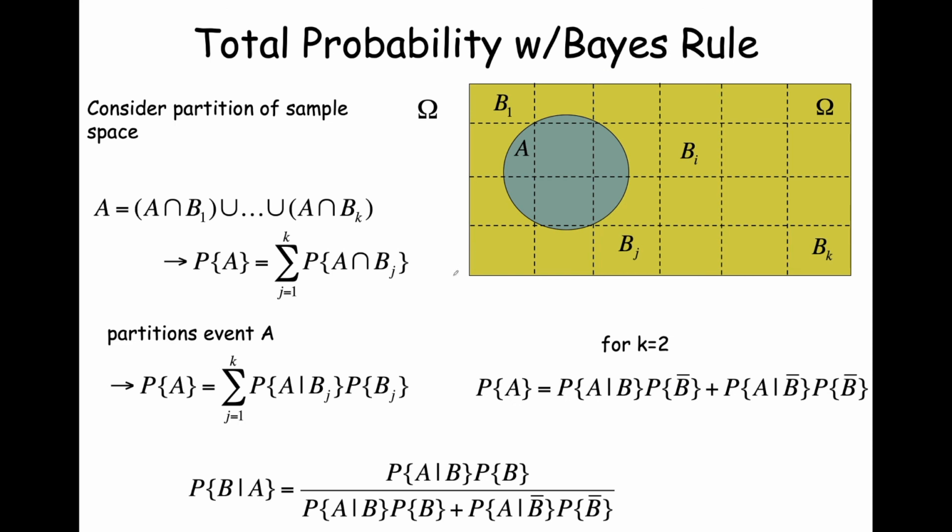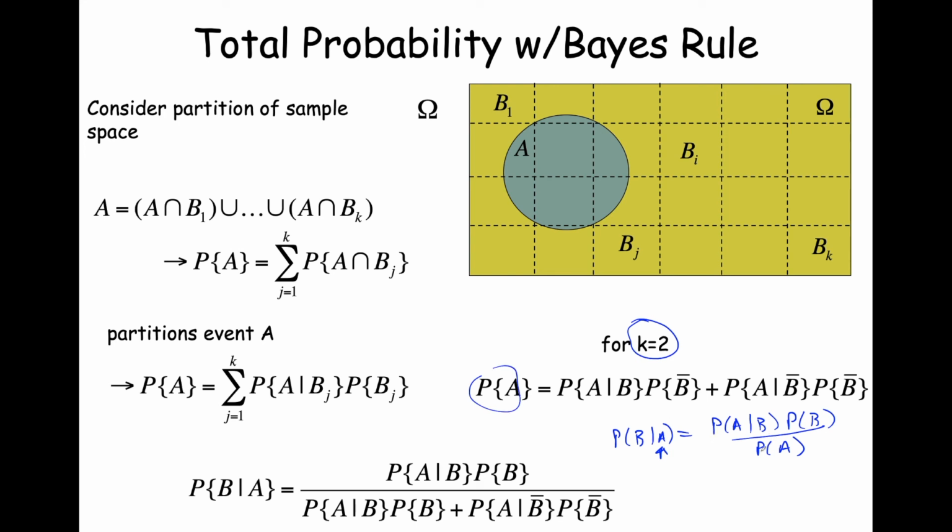Now we take our Bayes rule: the probability of B given A is equal to the probability of A given B times the probability of B over the probability of A. In this case we were conditioning on A, but one thing that didn't sit well was this denominator, the probability of A. We want to fix that, so we substitute, for this example with two B slices, K equals 2, using the law of total probability for this denominator.